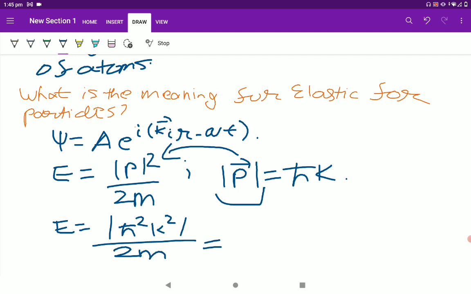Here Planck's constant is a constant, so we take h square outside, and we get k square by 2m.